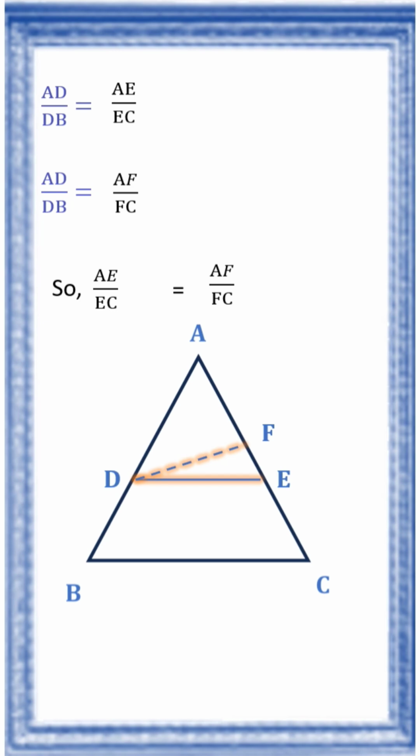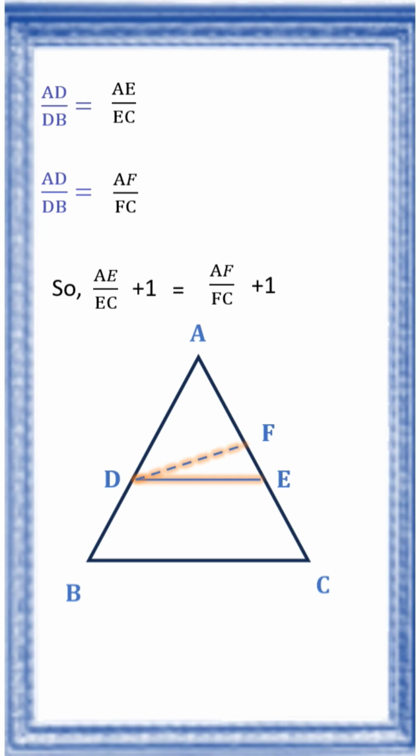You have to add 1 to both sides. Only because in the numerator you have to get AC, that's all. Here in the denominator we have to get EC and FC, that's all. So we have to add.